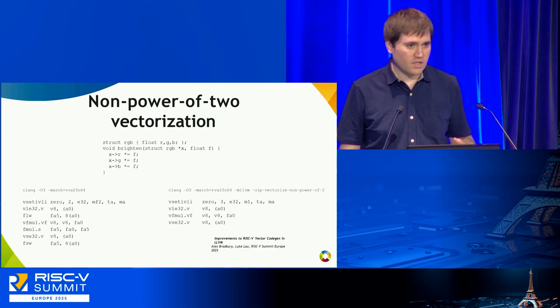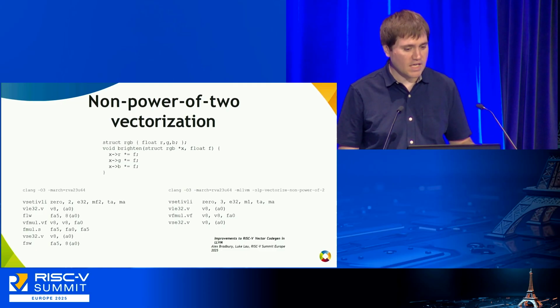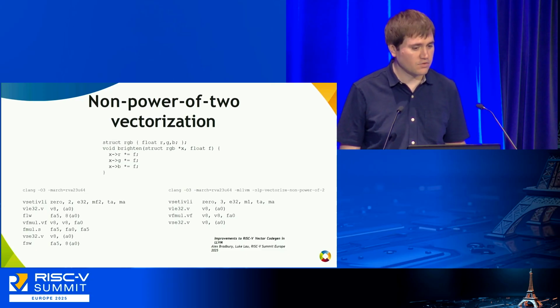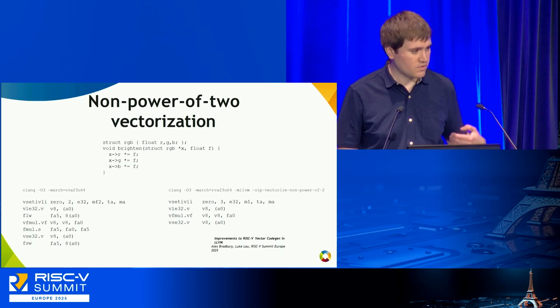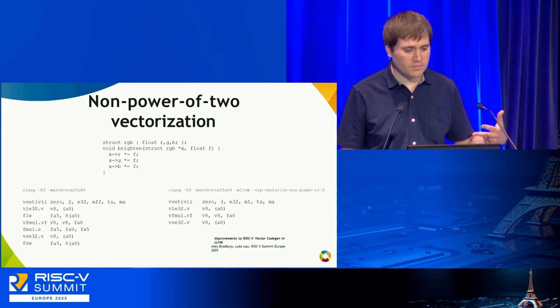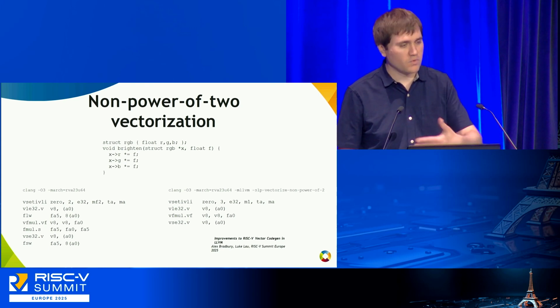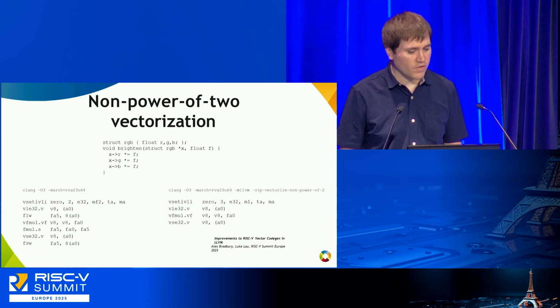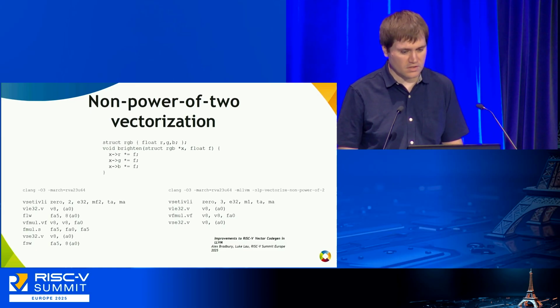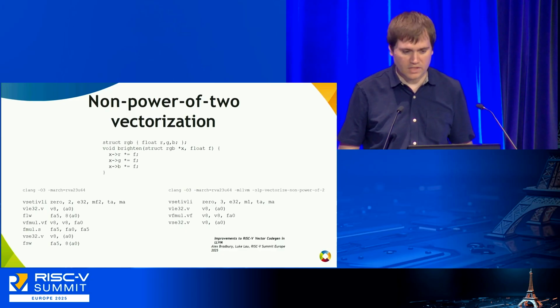Previously, because other architectures can't support non-power of 2 vectorization, LLVM would end up just vectorizing 2 elements. So you have RGB pixels, so 3 elements, and then handle the third one via scalar code. But now, as the work has been done to provide support for non-power of 2 vectorization, we can handle them all at once in the natural way that you would handwrite yourself.